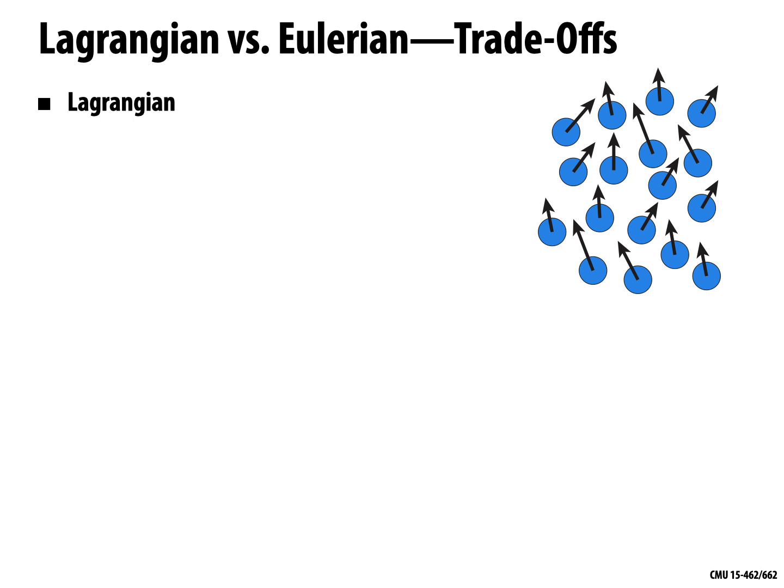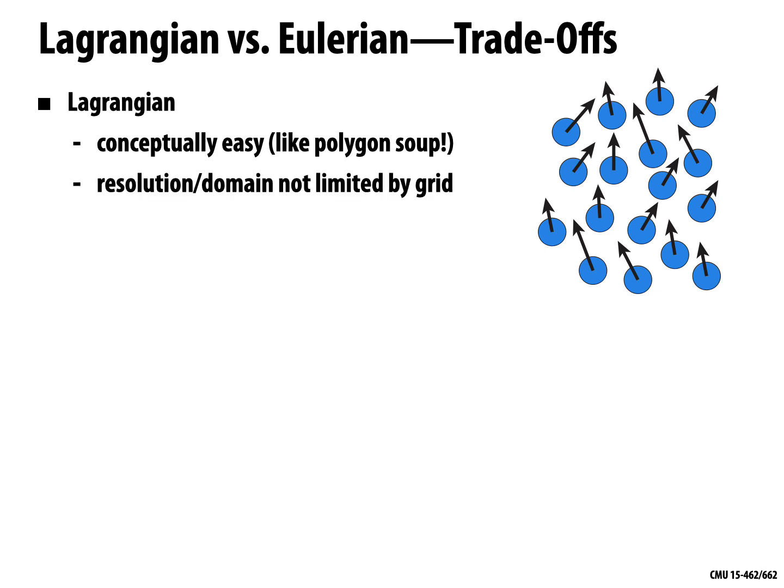So for a Lagrangian discretization, well, for one thing, this is conceptually easy, right? If you're comfortable with polygon soup or maybe better yet, point clouds, this is very familiar. You have points, they have ordinary coordinates x, y, z, and you track how these coordinates change over time. The resolution of the simulation isn't fixed a priori by some choice of grid size.